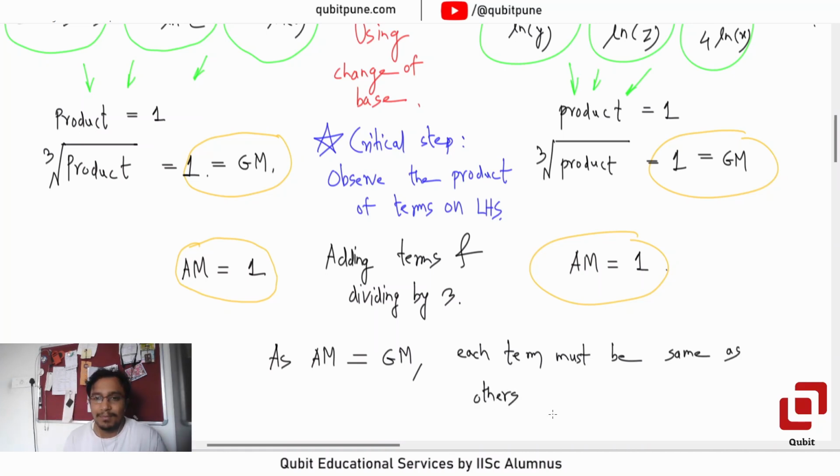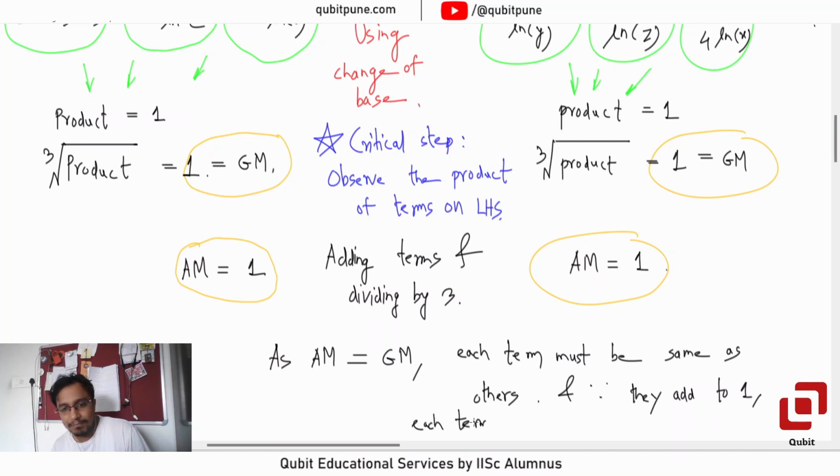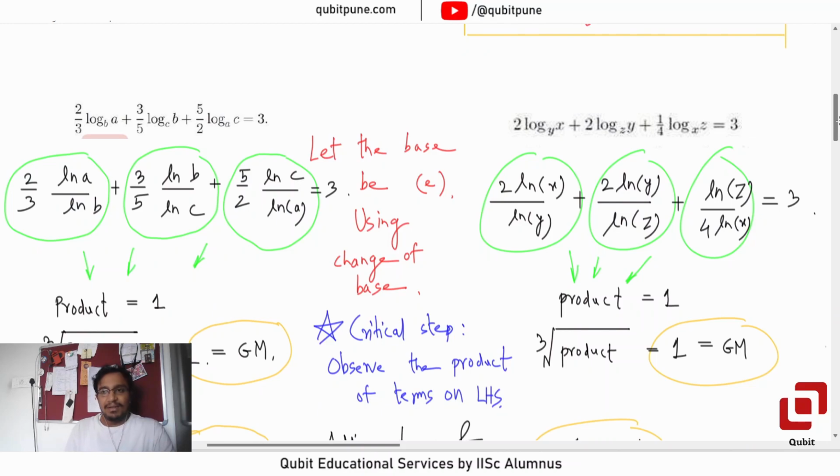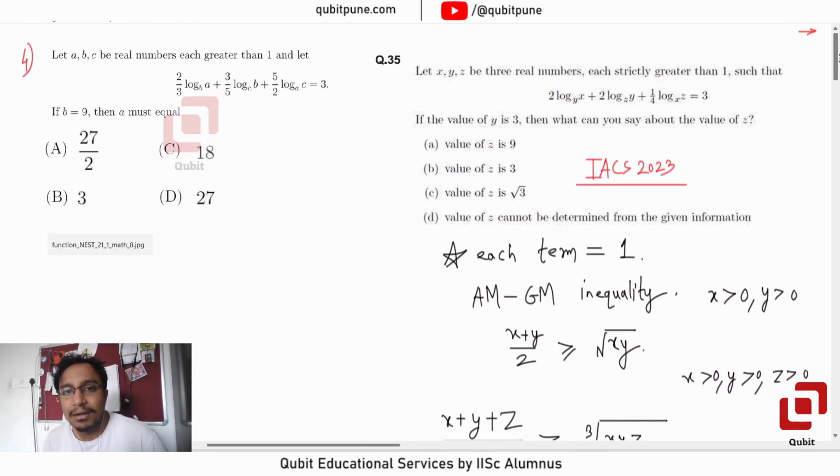Each term must be the same as the other terms, and because they add to 3 with mean 1, each term must be equal to 1. Now if every term is equal to 1, then you can find the values of a and c in the first case and x and z in the second case. Is it clear?